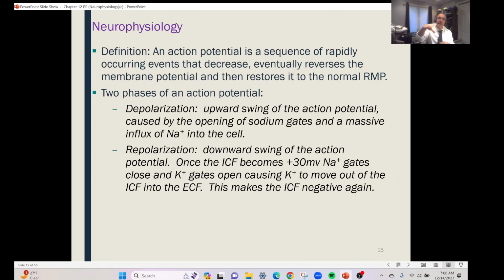Why? There's more potassium inside the cell than there is outside of the cell. So things are going to diffuse from an area of high concentration to low concentration. As the potassium leaves the ICF, the inside becomes more negative again, right? And repolarization is the downward swing.